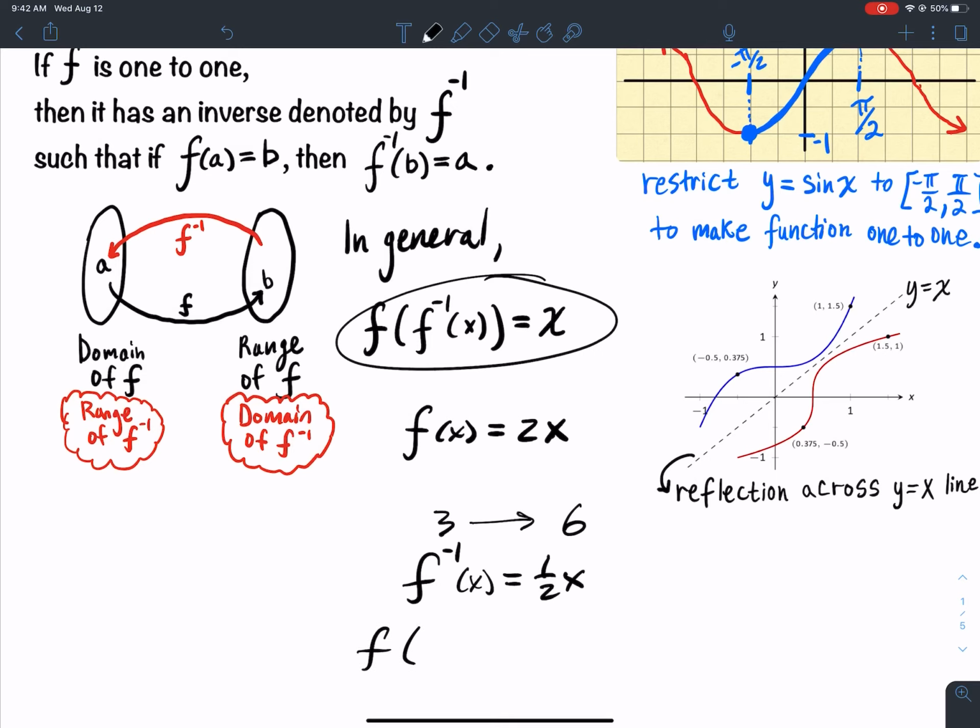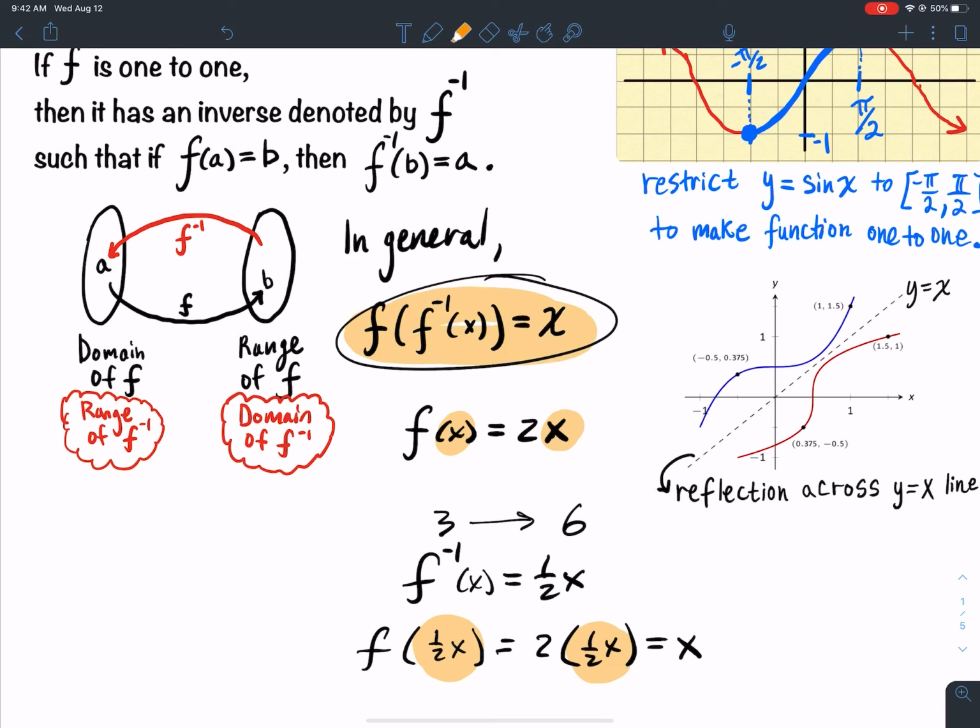What is f inverse? That's 1/2 x. Well, what is f of something? f of something equals 2 times something, right? So this is 2 times, well, what is my something here? It's 1/2 x. So the 2 and the 1/2 cancel and I just get x.